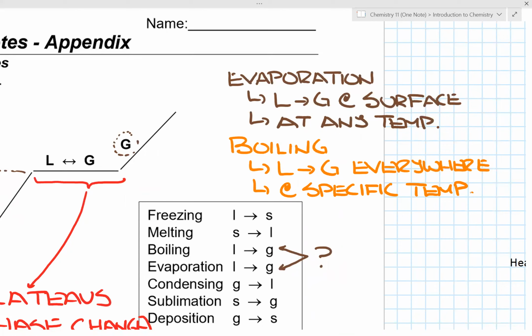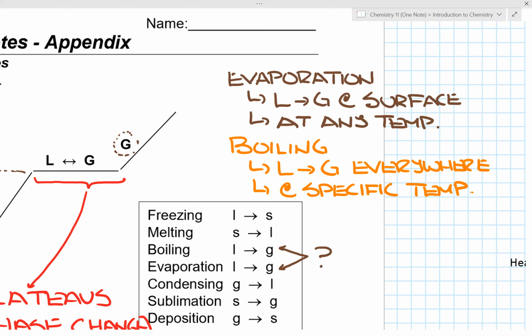The heat in the dryer is not 100 degrees Celsius. It might be 40, 50, 60 degrees Celsius, a little bit warmer. And this speeds up evaporation of the water from your clothes at the surface. This is how your clothes dry.